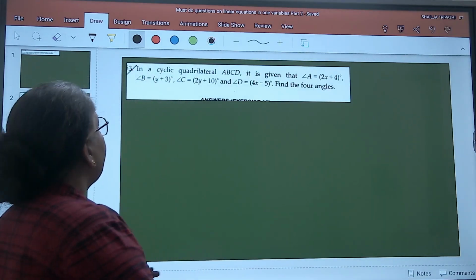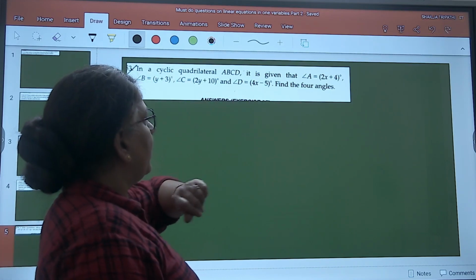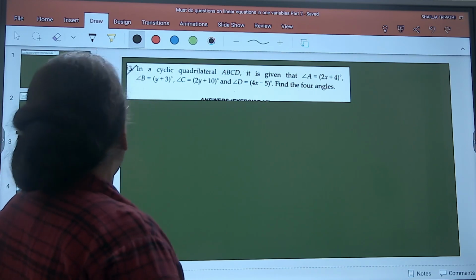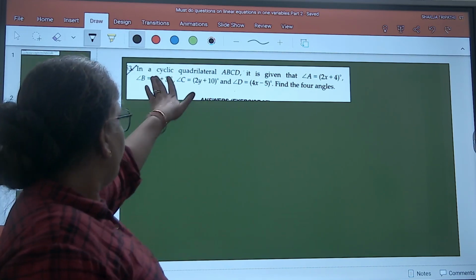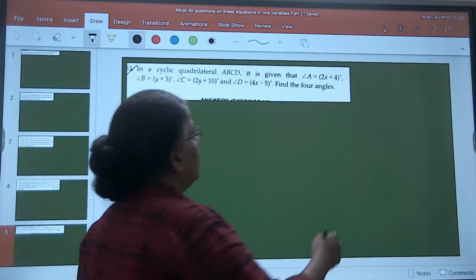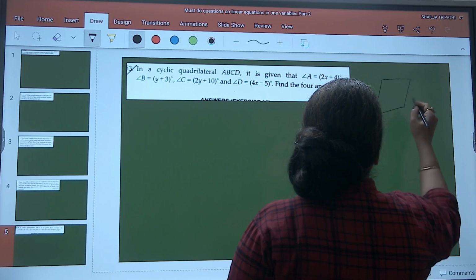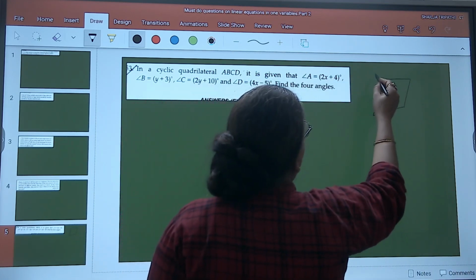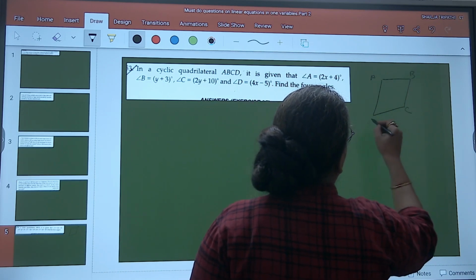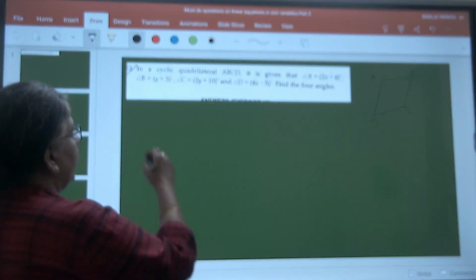This question says in a cyclic quadrilateral ABCD, angles A, B, C and D are given in terms of x and y. We have to find the four angles. See, one of the properties of cyclic quadrilateral is that sum of opposite angles is supplementary. So if this is a cyclic quadrilateral ABCD, the sum of angle A and C is 180.